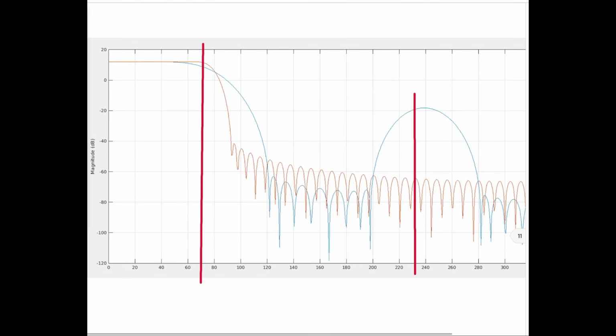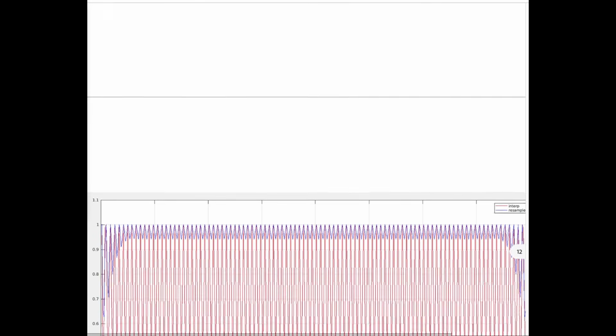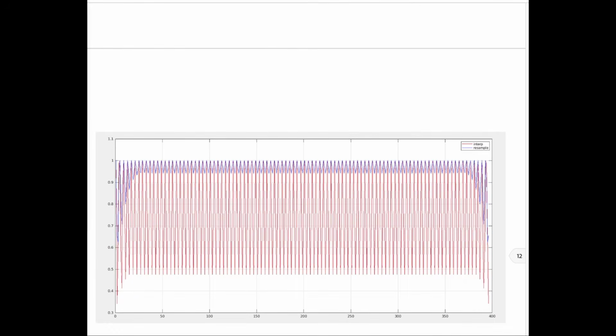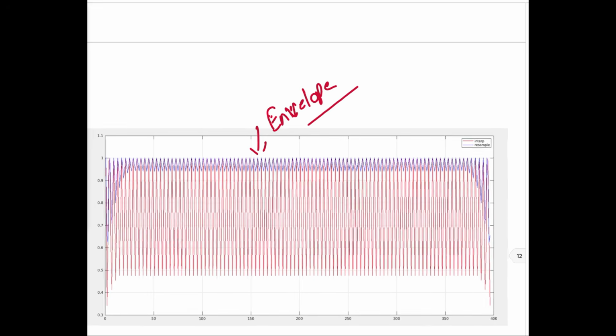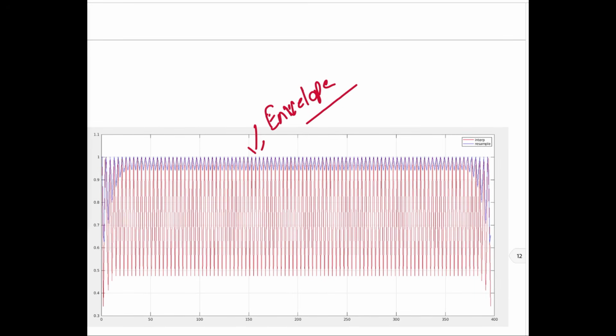This causes the harmonic not to mix up with the fundamental. If we now look at the envelope of the upsampled sinusoid, the red one is interp and the blue one is the resample function. We can see that it is much tighter now.